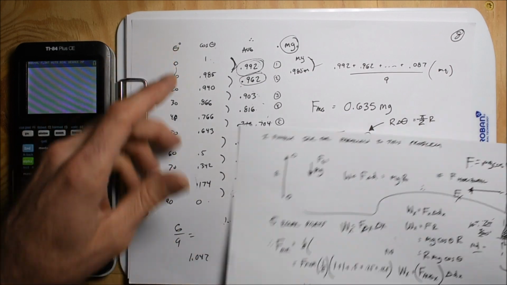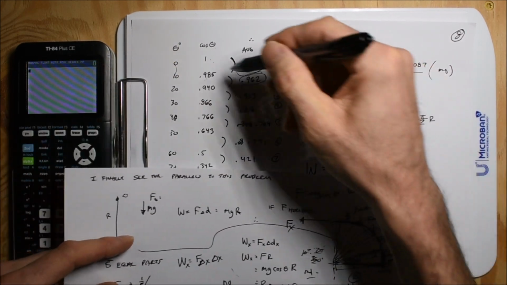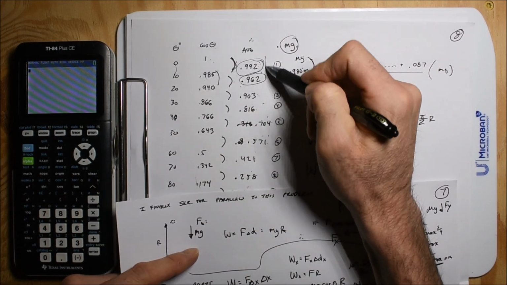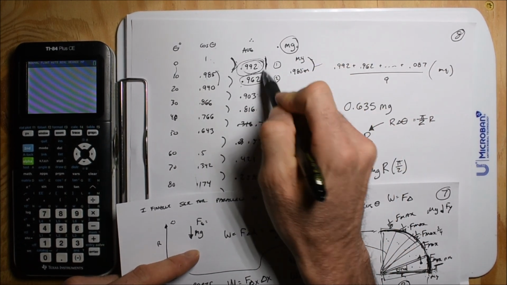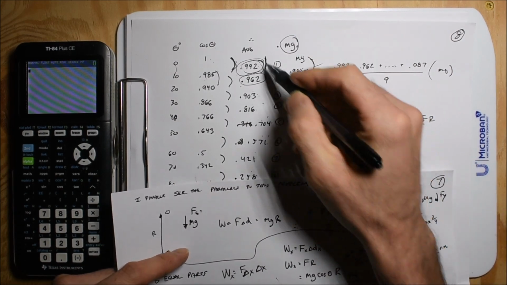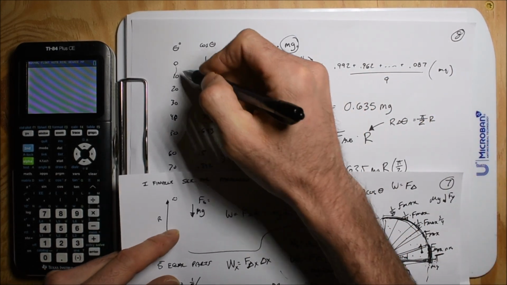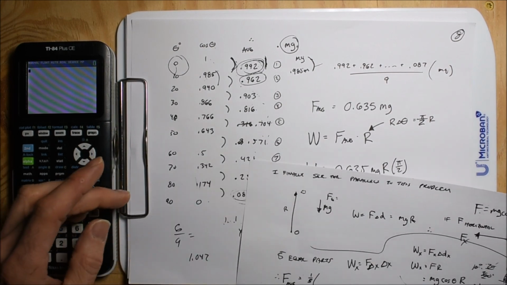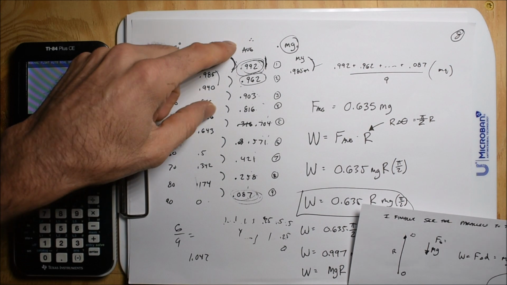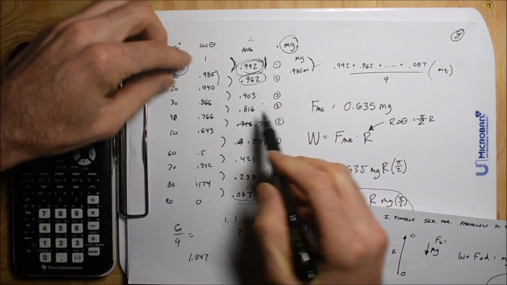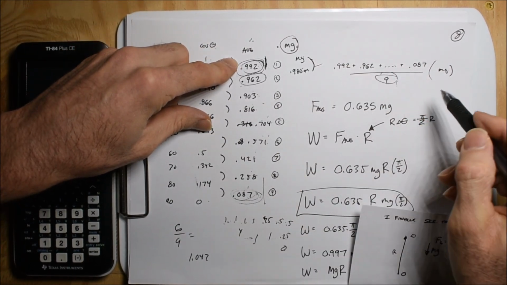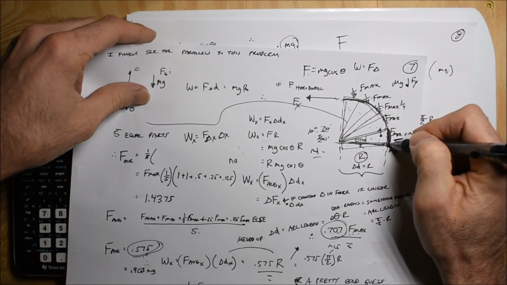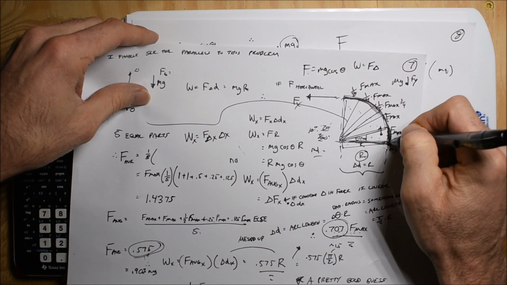We found the average force between 0 and 10, and the change in distance between 0 and 10. If this is the average force in each little interval, you add these all up, divide by 9, and now you have the average force. It's max here, minimum there.